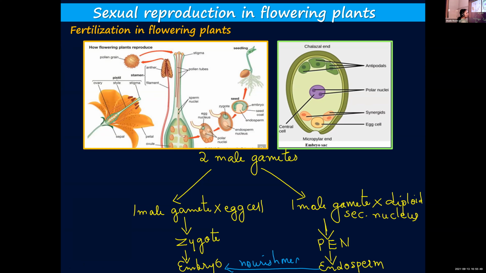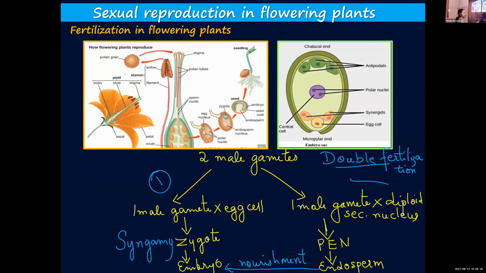And we call this process double fertilization. Double means two. Why do you call it double fertilization? Because it involves two fusions. The first fusion you call syngamy.